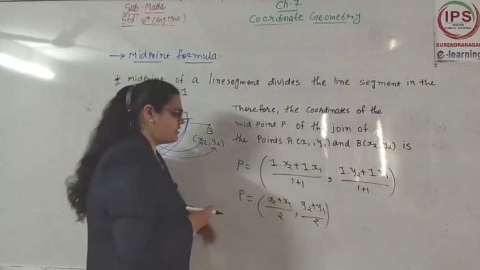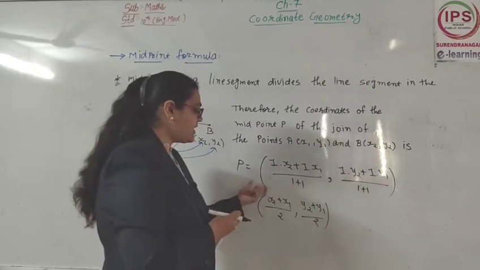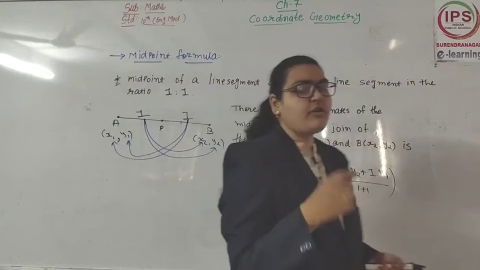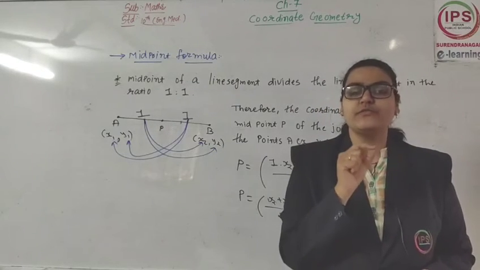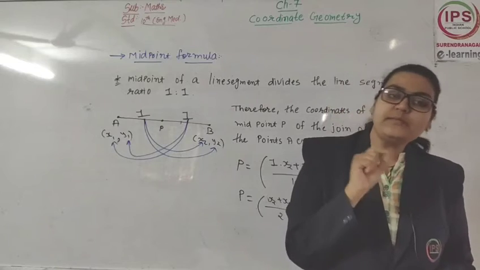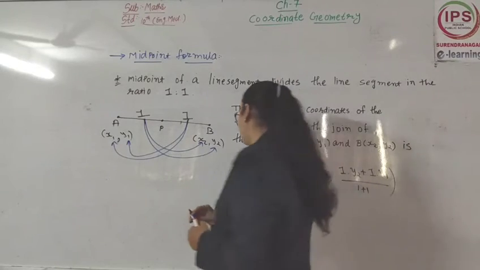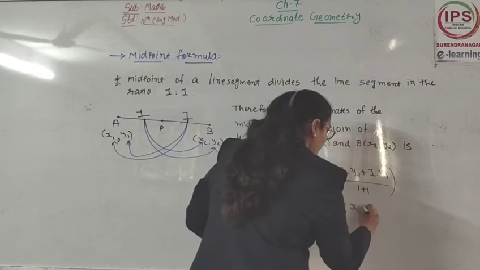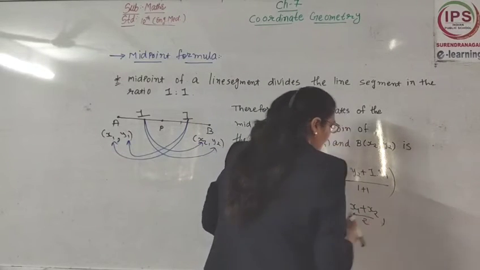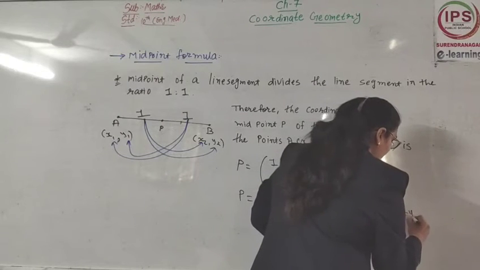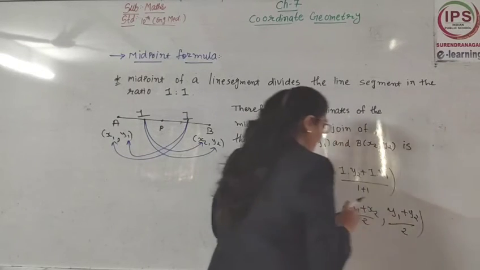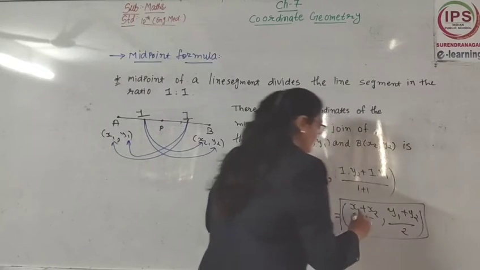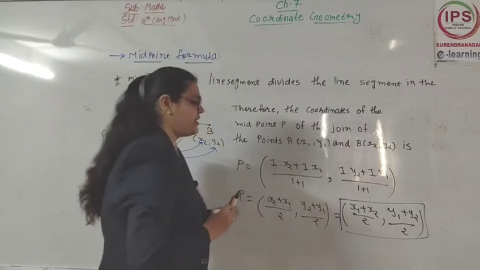Now x2 and x1 are in the form of addition, and when we do addition, like 2 plus 3 is 5 and 3 plus 2 is 5, the answer remains the same. So therefore P is equal to x1 plus x2 divided by 2 comma y1 plus y2 divided by 2, and this formula is known as the midpoint formula.